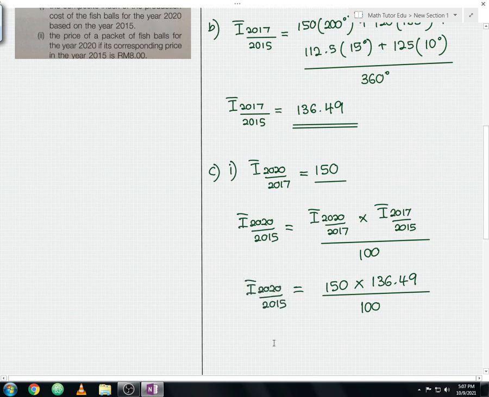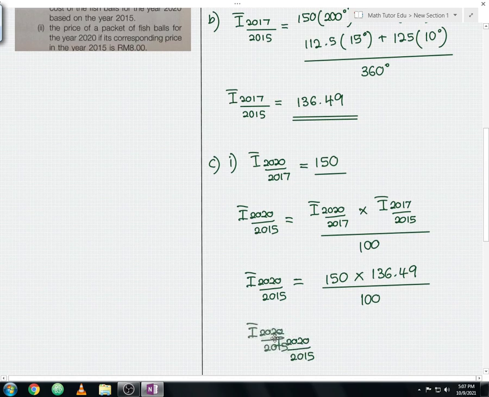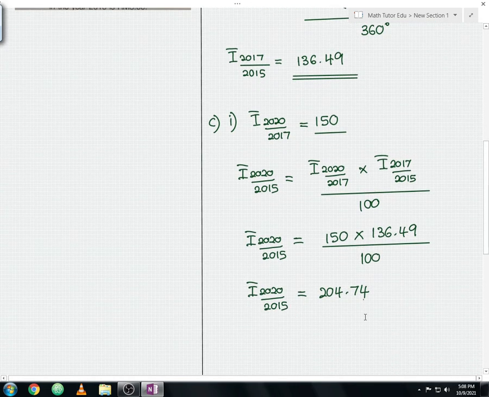You calculate this, you should get your composite index of the year 2020 based on the year 2015 is 204.74. So this will be your answer guys. Let me underline the solution for the question C part 1.